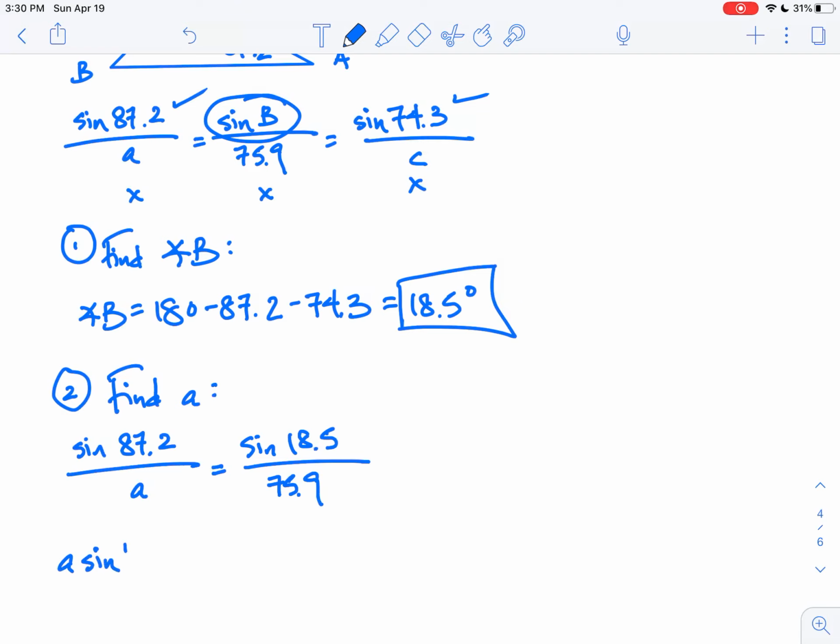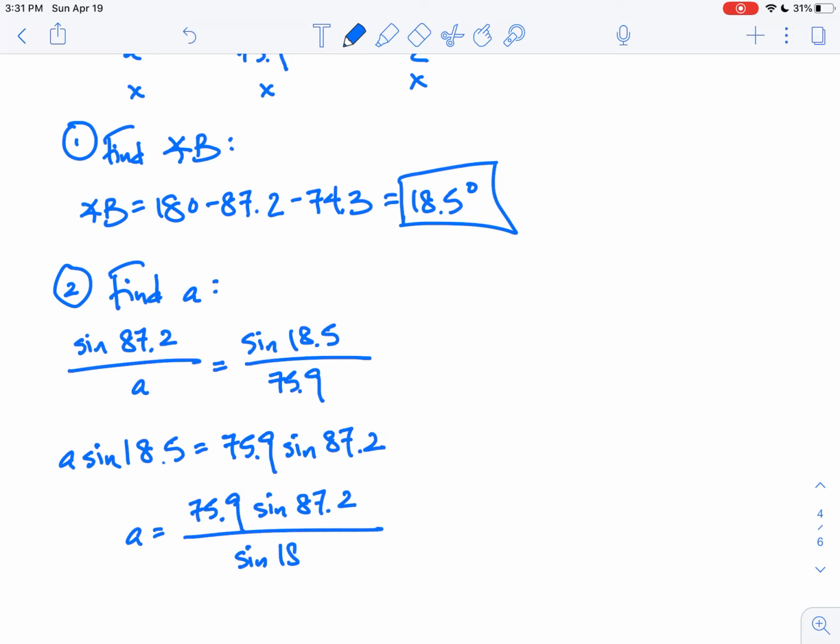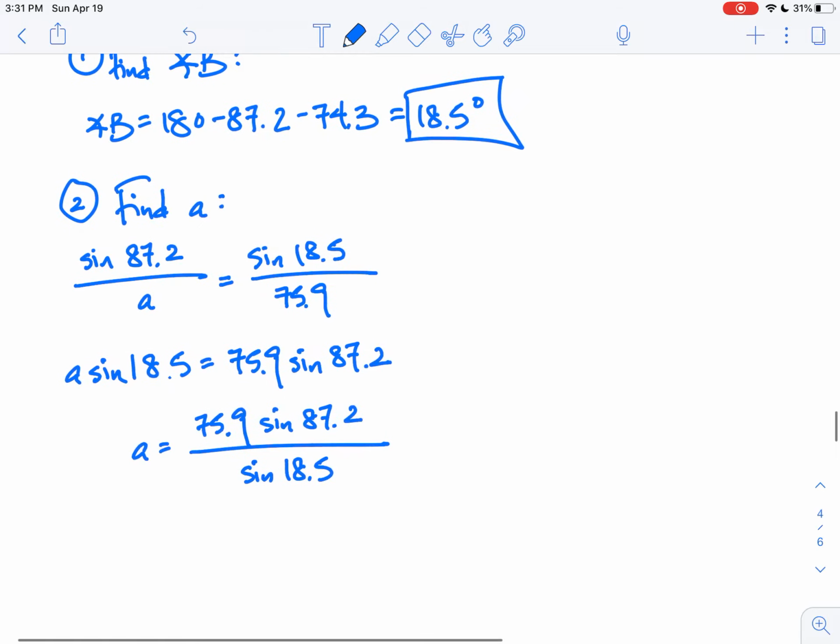Cross multiply, and divide, and turn it into a decimal.